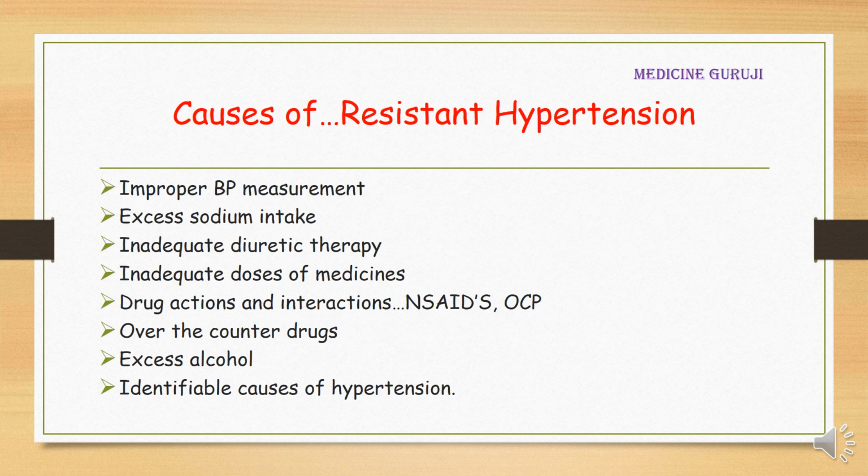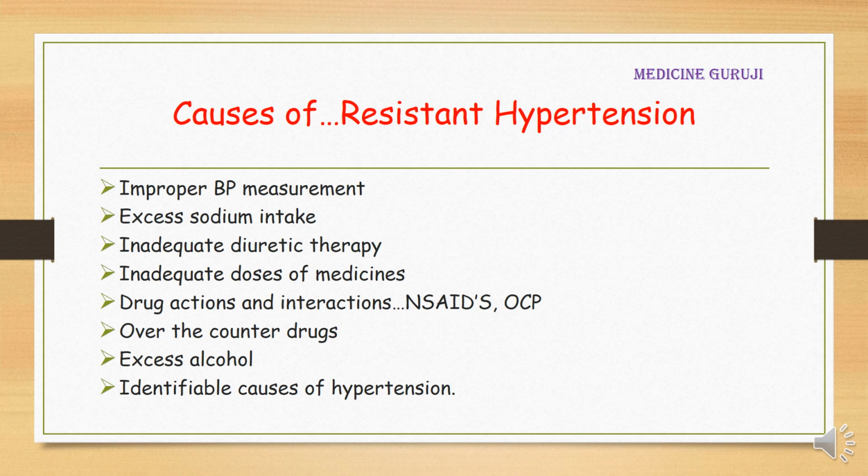Now we will be seeing क्या causes हैं resistant hypertension के. Very important is improper BP measurement. Excess sodium intake. मरीज बहुत ज्यादा नमक खा रहा है. Inadequate diuretic therapy. हमारी डोज गलत है. Inadequate doses of medicines. Drug actions and interactions. एक कोई यंग फीमेल है वो OCP पे है. Oral contraceptive pills, NSAIDs. ओवर द काउंटर ड्रग्स. हमारे काउंटर पे बहुत फैशनेबल ड्रग्स मिलती हैं बाय एडवर्टाइजमेंट.